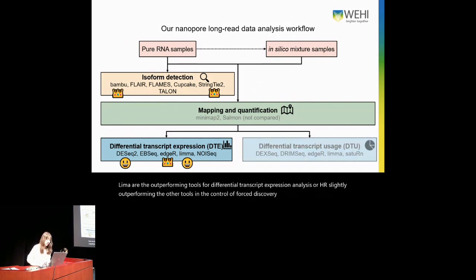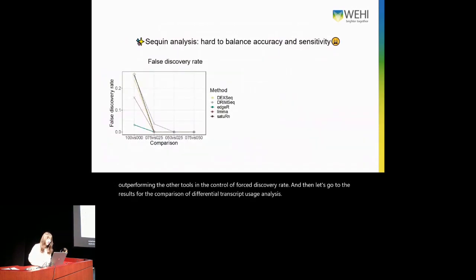And then let's go to the results for the comparison of differential transcript usage analysis. Here we use the sequins to calculate the false discovery rate, and we found that of all 5 tools we compared, only DEXSeq has controlled the false discovery rate well.